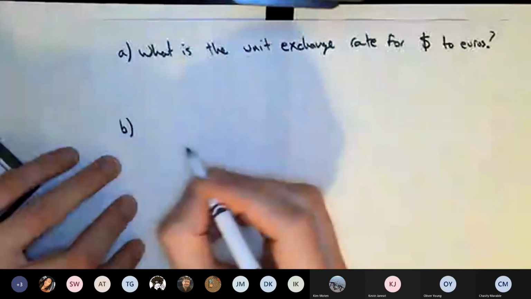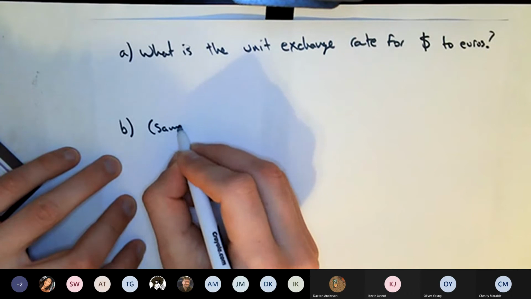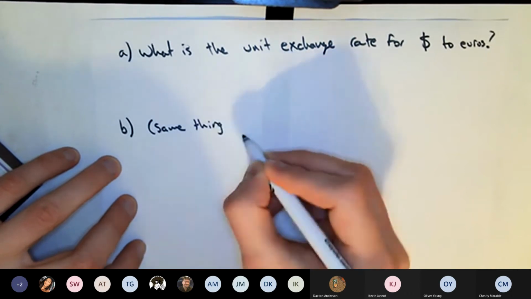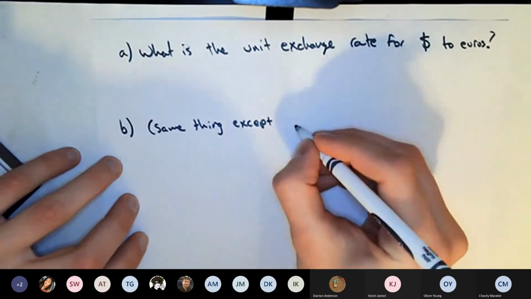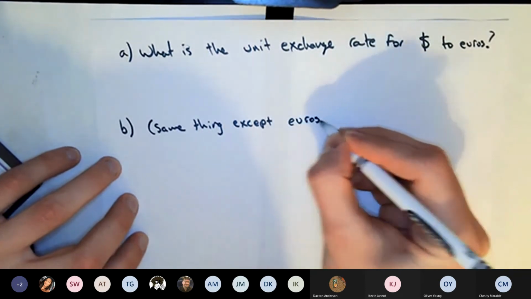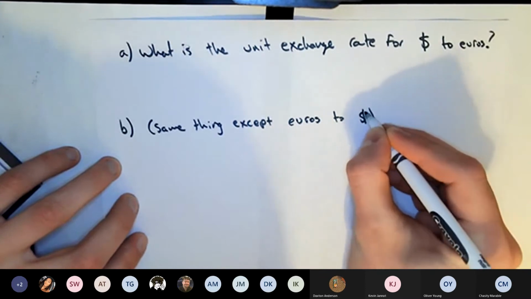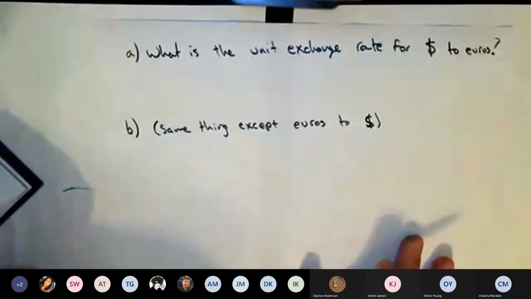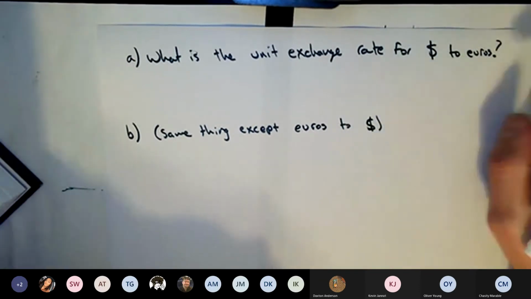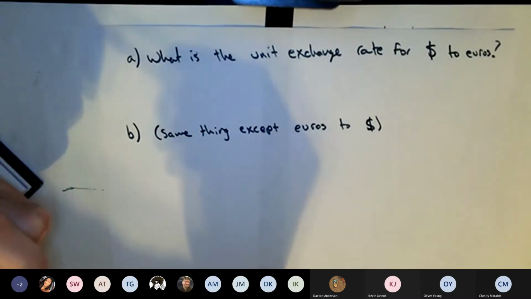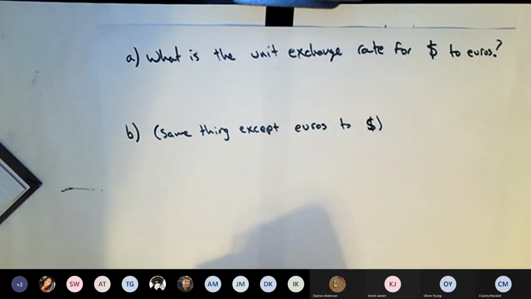And notice part B says sort of the same thing, except they say euros to American dollars. So is this going to be the same answer? Well, it won't be the same answer because the order that we write these down is going to be different. The first one is going to be American dollars over euros.